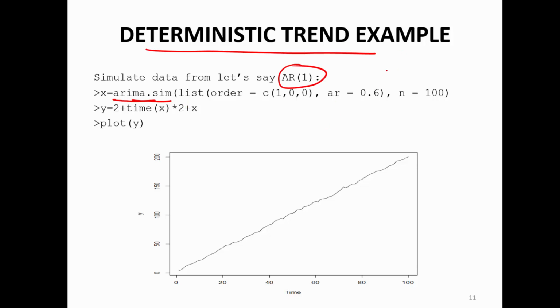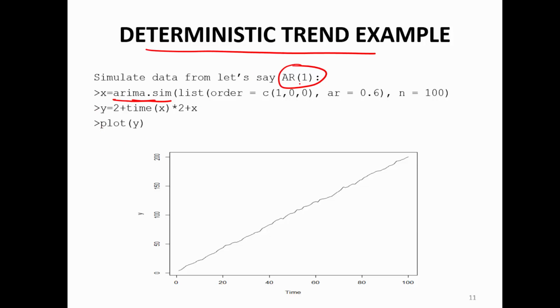It's not exactly that the deterministic trend is an AR1 type; it's just that we are trying to find some AR1 terms which we will be adding to make sure that we have a deterministic trend.